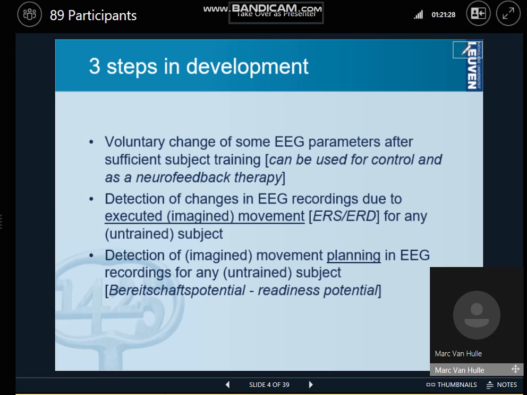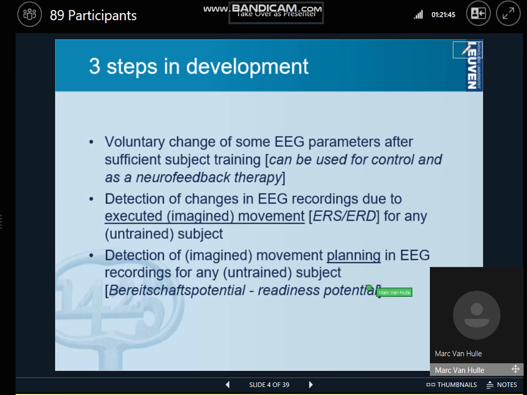So in case of the imagined or executed movements, it's a paradigm that is modulating the mu band. We already have seen it. The mu band activity goes up or down when you perform or imagine performing movement of a particular limb.